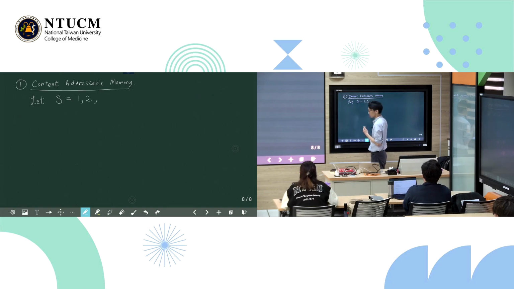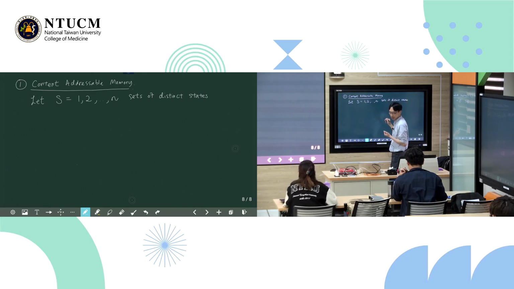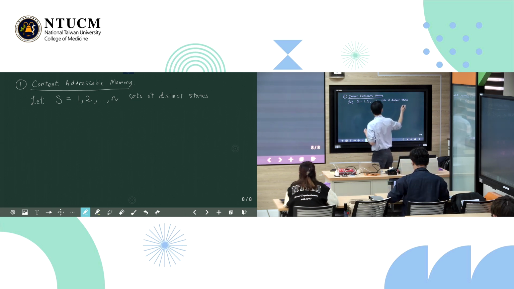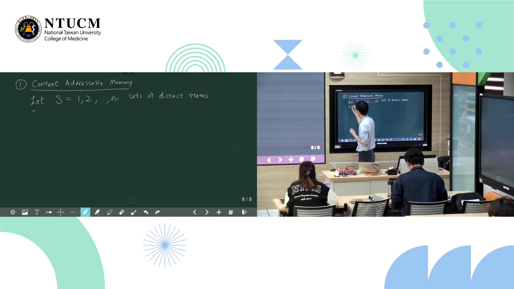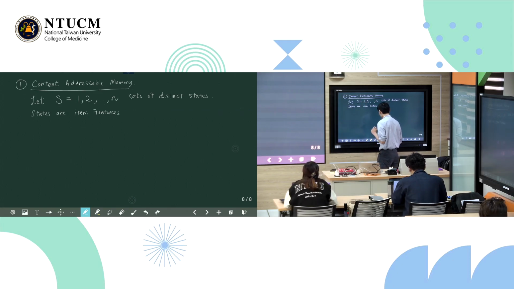Let S be equal to this set of numbers from 1 to n that represent sets of distinct states, and where states are item features.